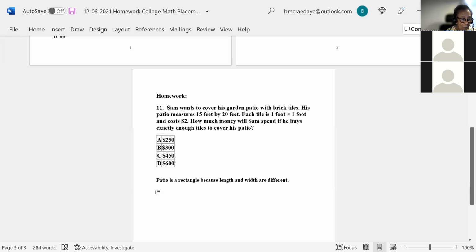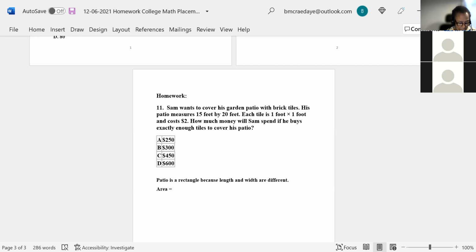Now, Maureen, what's the formula for finding the area of a rectangle? You multiply the two sides. What do you call them? They have names. Length and width, right?